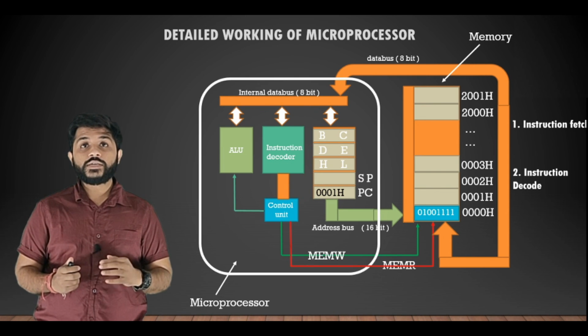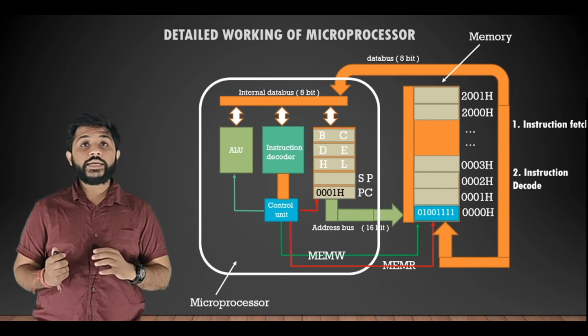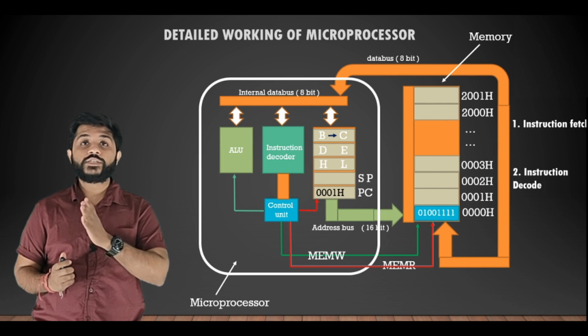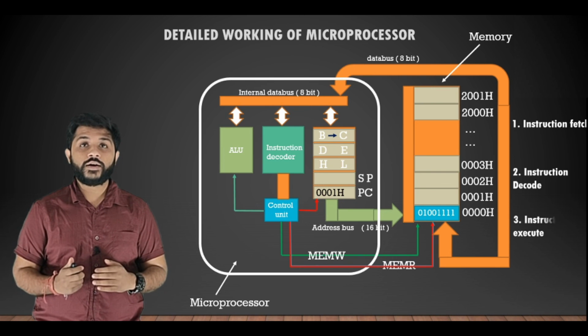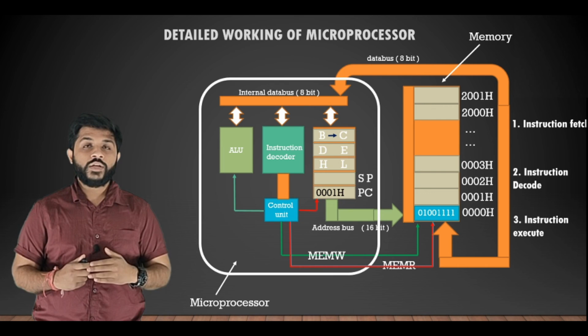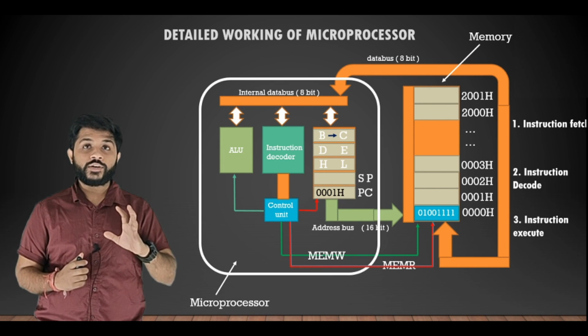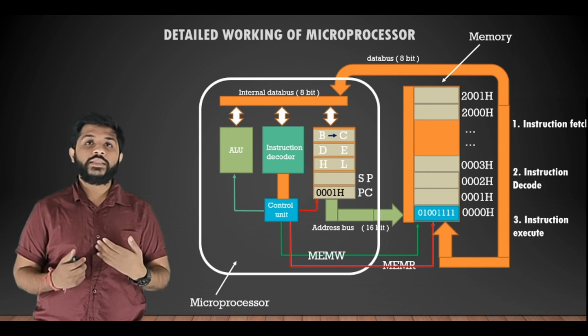After the control signals are sent, the data from register B will be moved to register C, so the execution of the instruction is done, and this process is known as instruction execution. So these are the steps done by the microprocessor when it performs instruction fetch, decode, and execute.